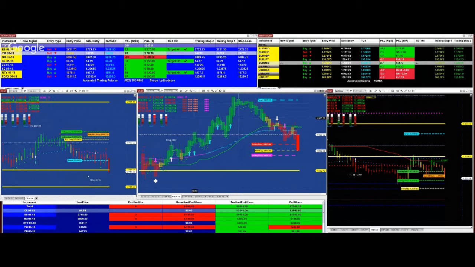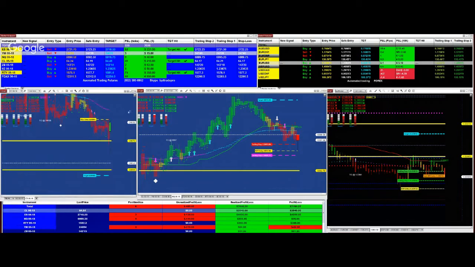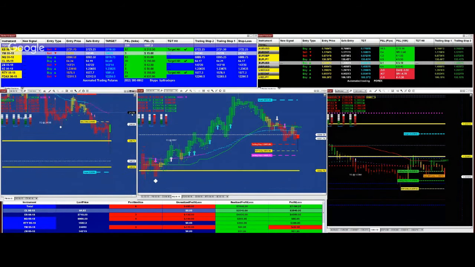Let's look at the YM. We had a new signal on the YM 5-10 minutes ago, I think, in that session. So let's go back to the YM. We had the entry right there.